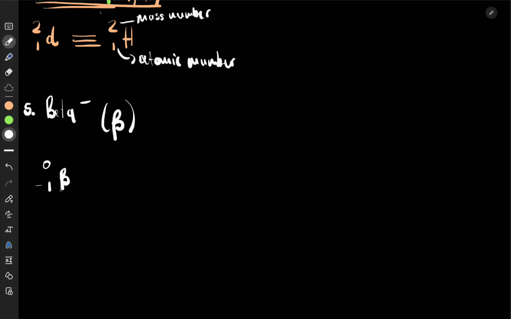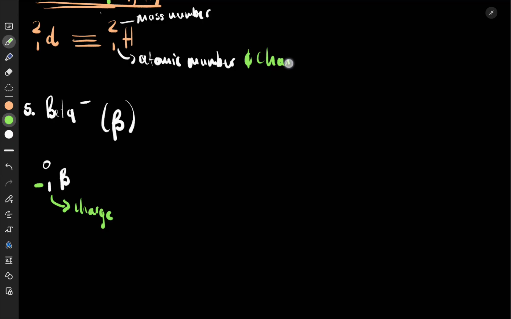Then you put beta. Now when you look at this, beta particles, you say to me, this atomic number of -1, what does it mean? How can you have an atomic number of -1? Does it mean you have -1 protons? No, this is now just the charge. The atomic number is gone. We said it is atomic number and charge, right?